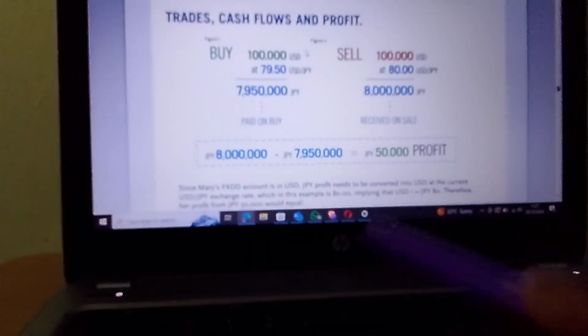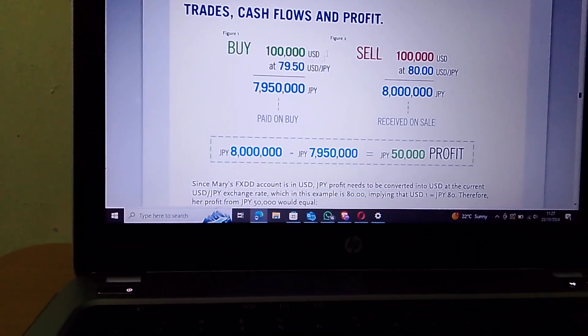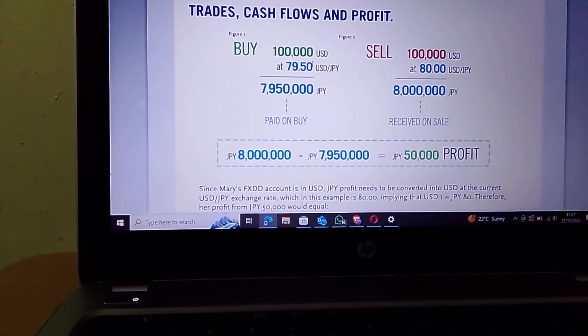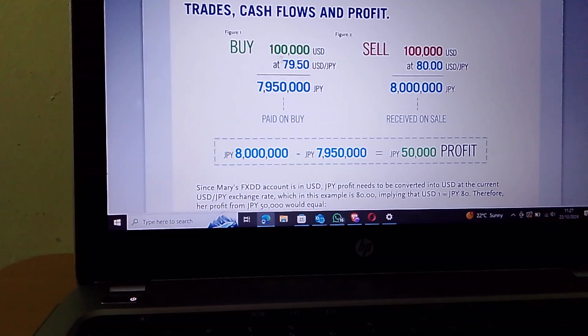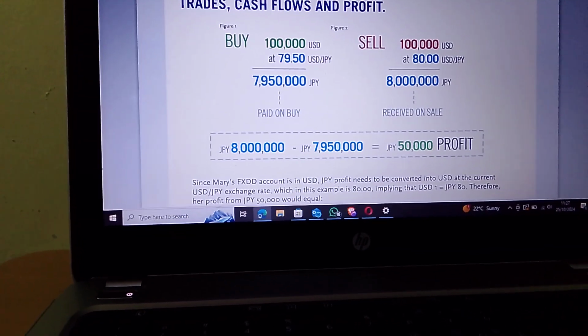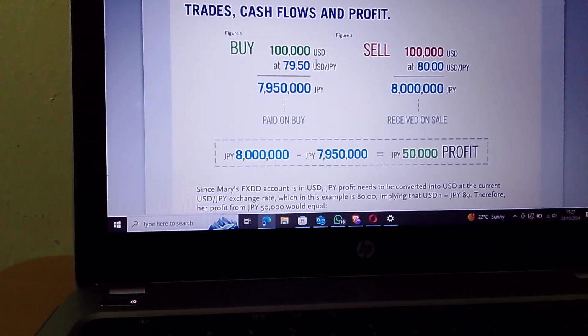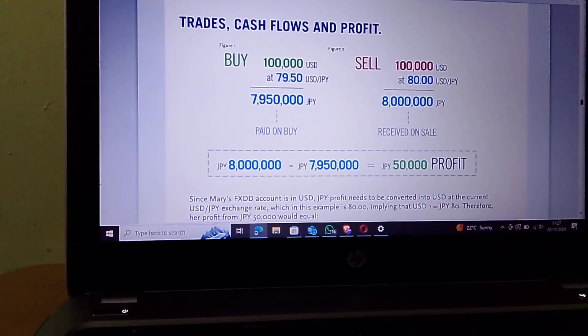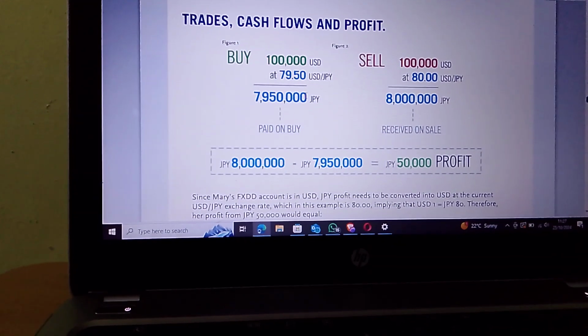Now, for the leverage that she had, remember she only used 2,000 to hold a position of one lot, which was 100,000. Therefore, at 79.50, we can say that she paid 7.95 million Japanese yen.